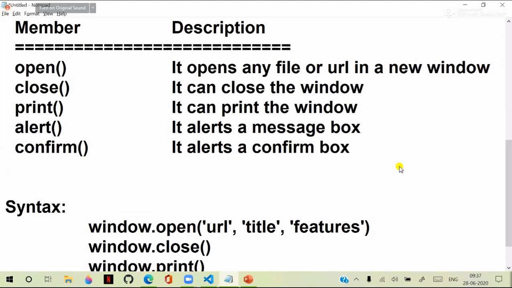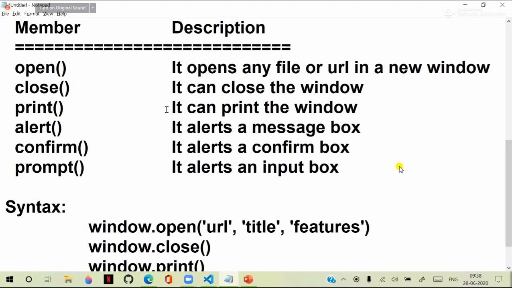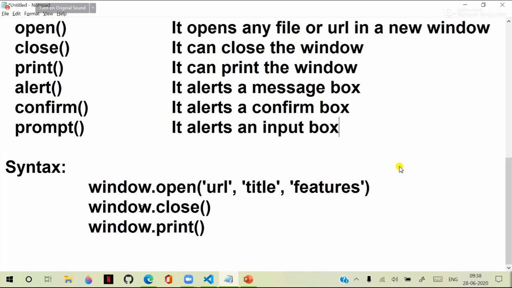And we have prompt; it shows an input box. All these are window related properties only. Actually, we have to write window dot alert, window dot confirm. But the browser can easily handle alert, confirm, and prompt without the window prefix. That's the reason we haven't used it, and we directly define and configure them.